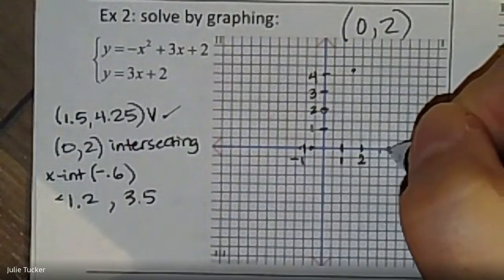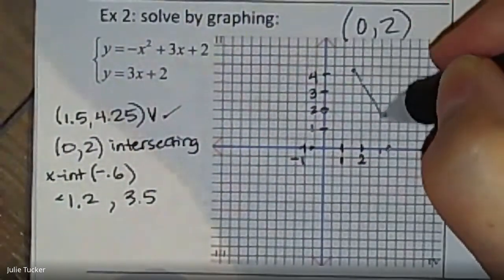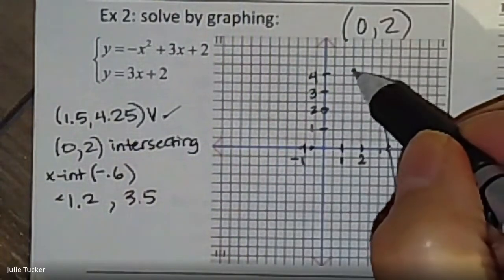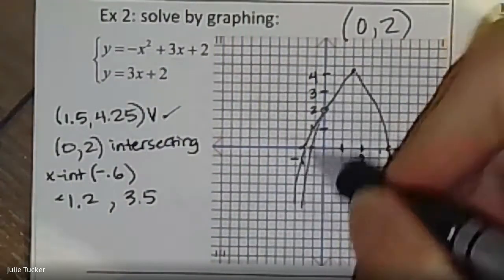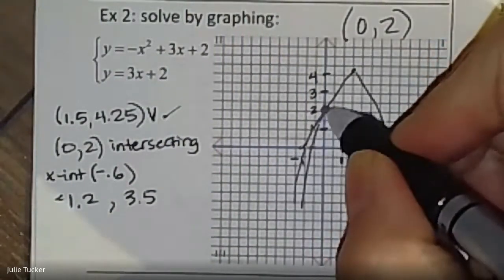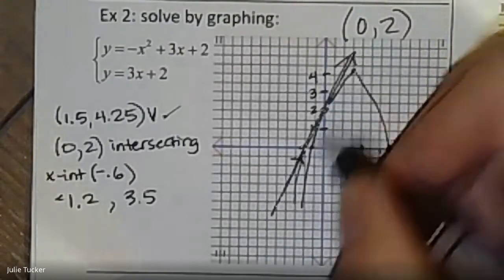And then here. Okay. So the parabola went like this and like that. And then the line was like that. So that's how the graph looked.